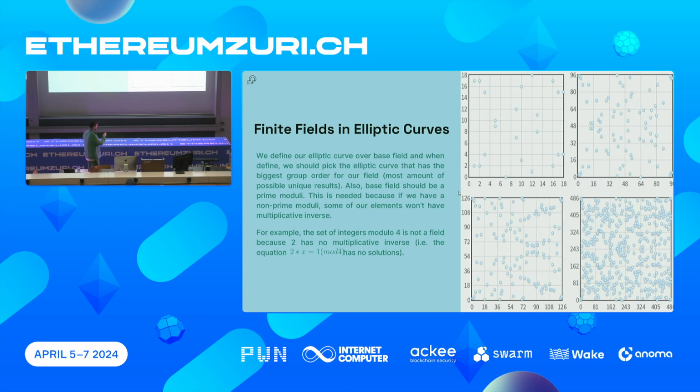So this can be a little bit confusing at first, but here, for example, our modulus is 19, and you can get at most 18 on an example elliptic curve. So these points are your elements when you use this elliptic curve over this finite field. If you increase your size, for example, this is 97, this is 127, you will get more and more points.